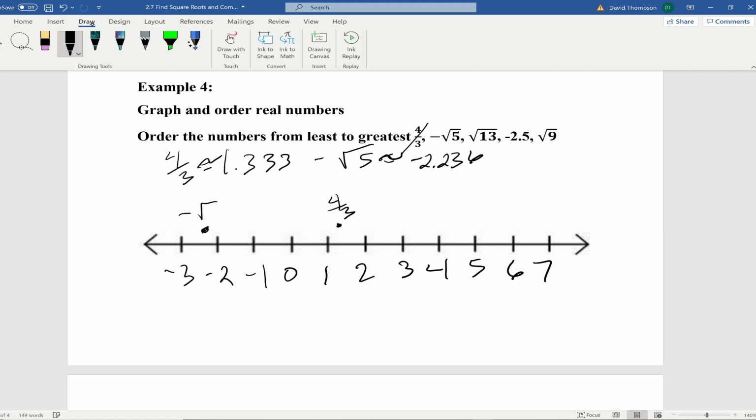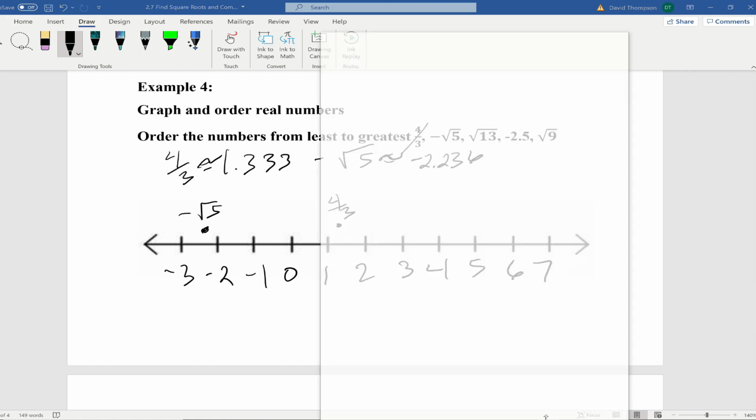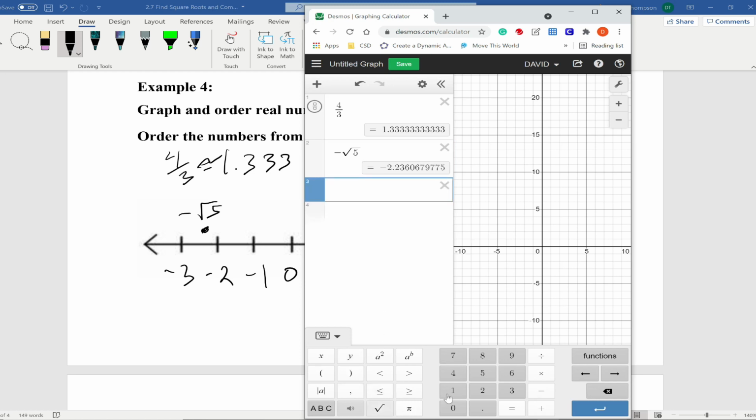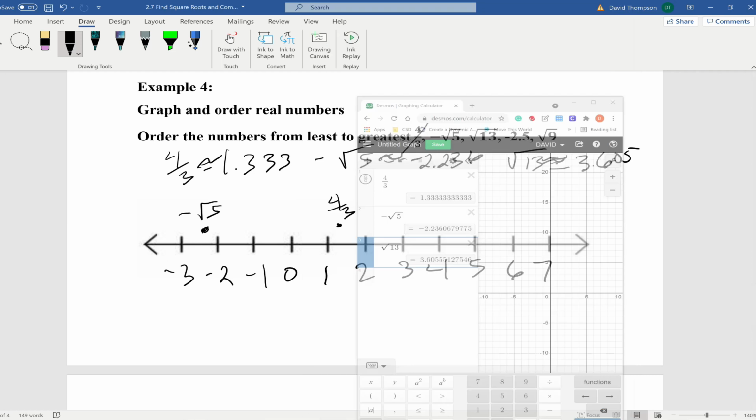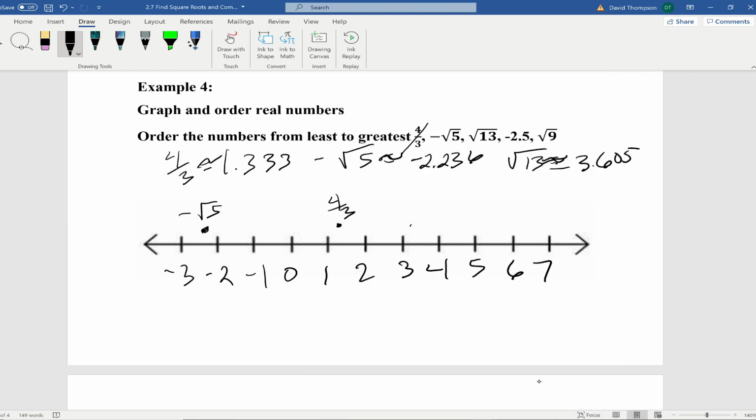So this is negative square root of 5. Okay, next, square root of 13. Go back to Desmos. Square root 13, and that's going to be 3.605. So that's approximately equal to 3.605. Let's make sure I read that right. Yes, 3.605. So that's going to be approximately here. So here's square root of 13.